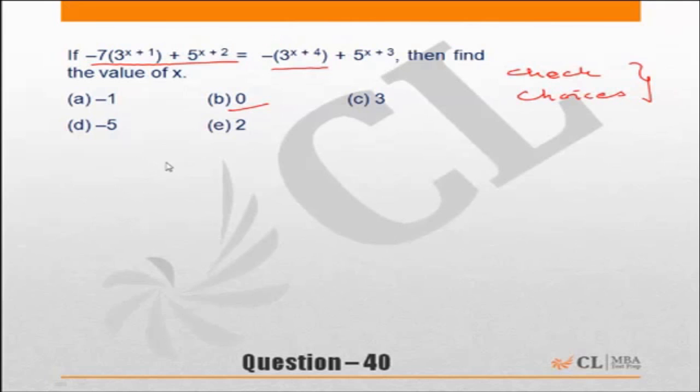So the equation is minus 7 into 3 to power x plus 1 plus 5 to power x plus 2 on the left hand side. On the right hand side we have minus of 3 to power x plus 4 plus 5 to power x plus 3. So if we put x equal to 0, what do we get?